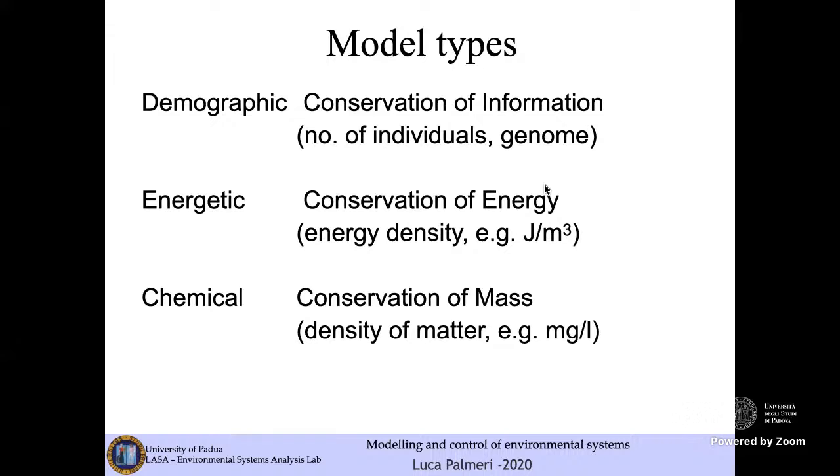Energetic models, so models whose currency is energy, are generally based on the very general principle of conservation of energy. I remind you that this is the first law of thermodynamics. In this case, the currency is an energy density, as for example joules per cubic meter, while in chemical models you have conservation of mass.